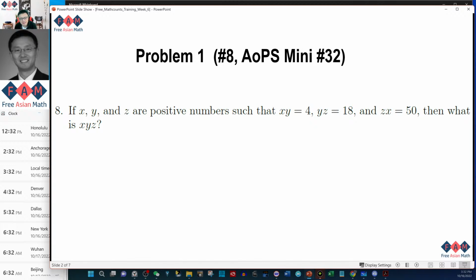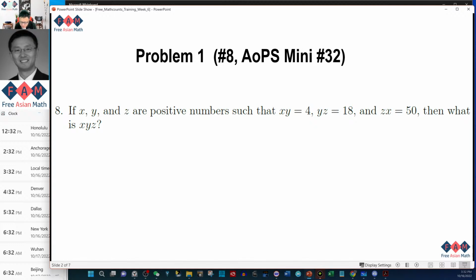And the 3 conditions constitute a cyclic symmetry, meaning that if you rotate the 3 variables, xy, yz, zx, we get this cyclic symmetry, which is, in general, very nice. Then how do we connect the dots?